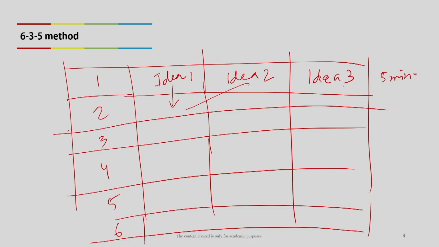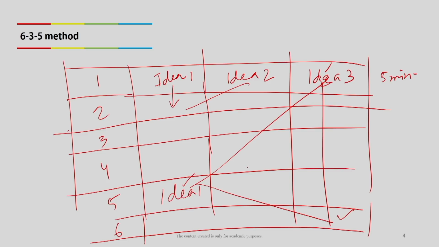Now, you can combine idea 3 of the first person with idea 1 of the 5th person. You can combine 2 ideas, you can combine 3 ideas. You can take the good part of each idea and make a new combination of ideas.